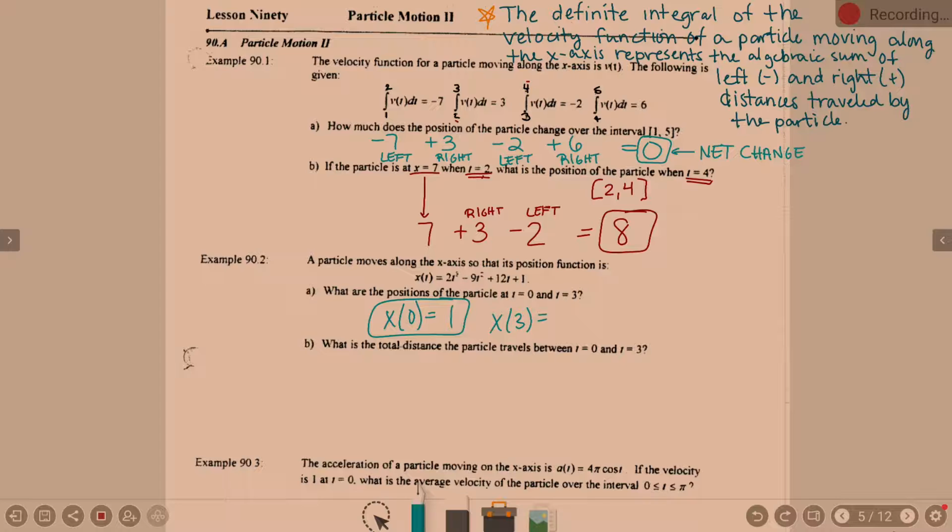Yeah. I mean, I was just doing the plugging in there of, okay, if I plug 3 in, I can do the 54 minus 81 plus 36 plus 1. Okay, I can go with that.